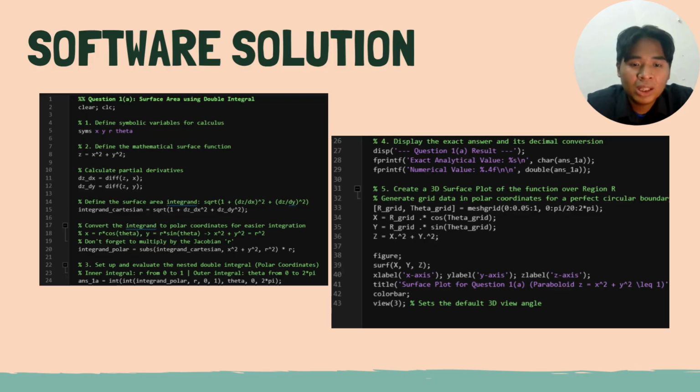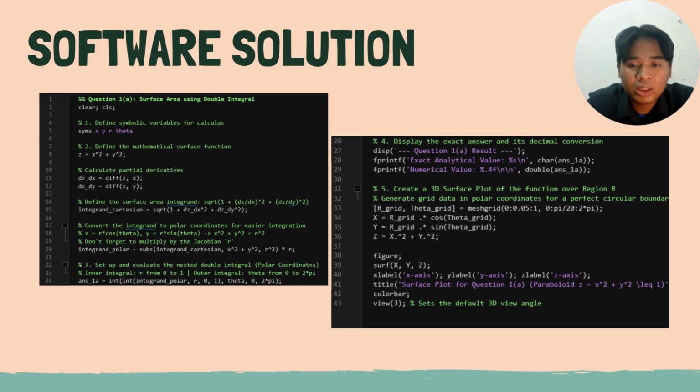So we replace x squared plus y squared with r squared. So the square root of 1 plus 4x squared plus 4y squared becomes 1 plus 4r squared. The multiplication by r comes from the Jacobian when converting from Cartesian coordinates to polar coordinates. Therefore, dA equals r dr d theta. This is why r is added to the integrand.